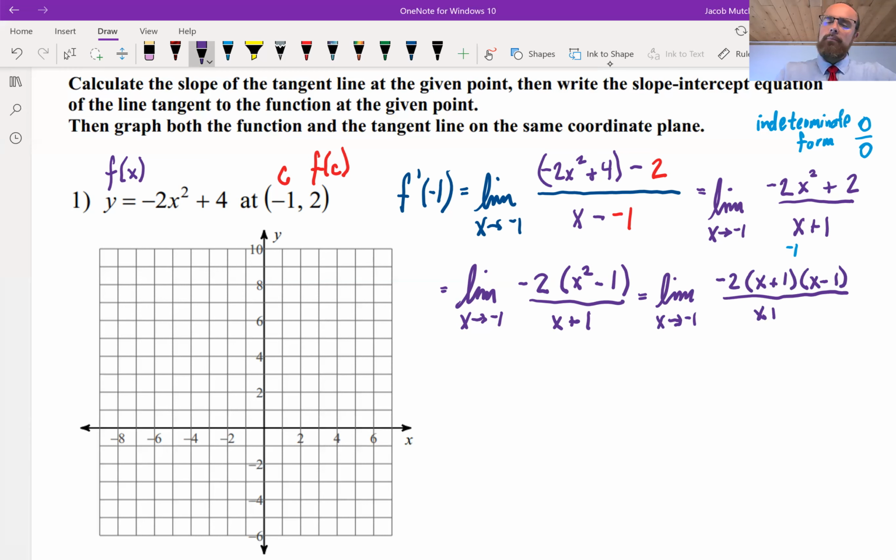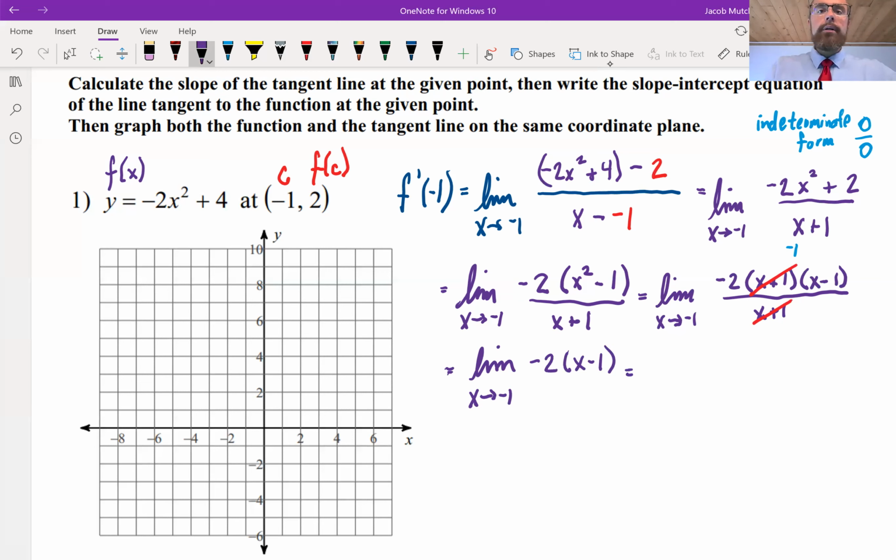At that point, I'm looking for a cancellation between my numerator terms and denominator terms, and I see that I've got x plus 1 in both numerator and denominator, so that will cancel. And this gives me now the limit as x approaches negative 1 of just a single level, so this is now a linear expression, negative 2 times parentheses x minus 1.